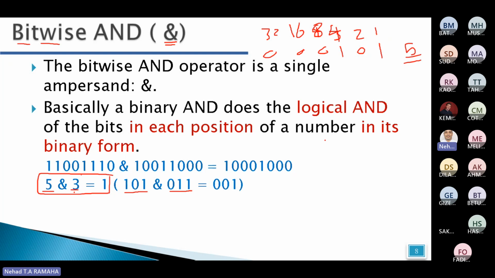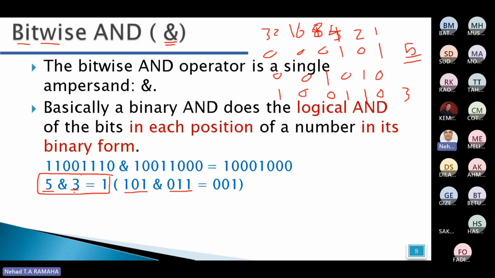Say you need 10. 10 is 2 with 8, and the remainder will be 0. You need, for example, 38. Okay, 32 plus 4 plus 2, and the remainder will be filled by 0.